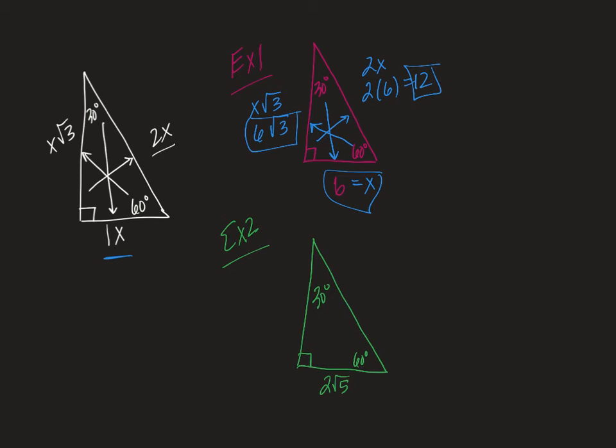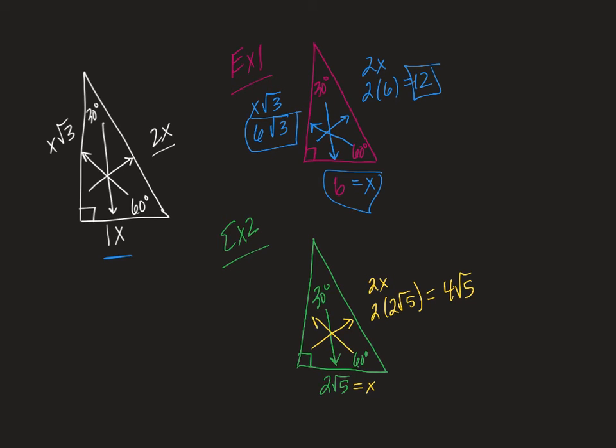Okay, so let's throw a radical in there this time. The side across from 30 is given to me as 2 radical 5. So that means that 2 radical 5 is equal to x. So that means the side across from 90 is going to be 2x, or 2 times 2 radical 5, which is going to give me 4 radical 5.